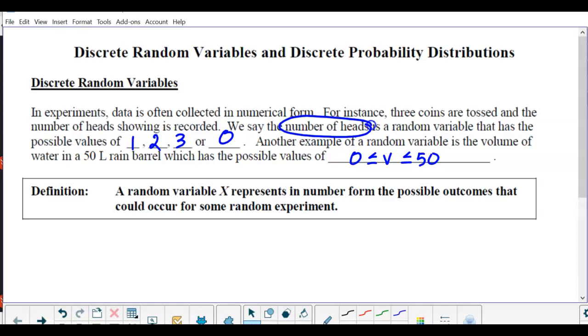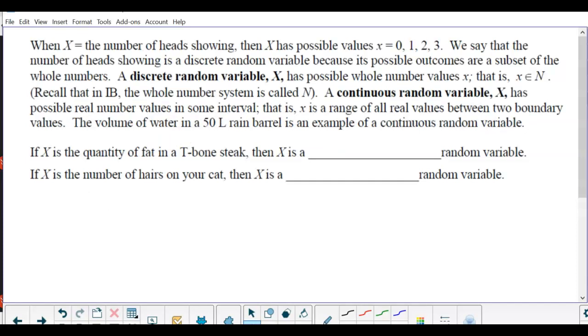A random variable x represents, in number form, the possible outcomes that can occur for some random experiment. When x equals the number of heads showing, x has possible values 0, 1, 2, 3. We say the number of heads showing is a discrete random variable because its possible outcomes are a subset of the set of whole numbers. A discrete random variable x has possible whole number values.